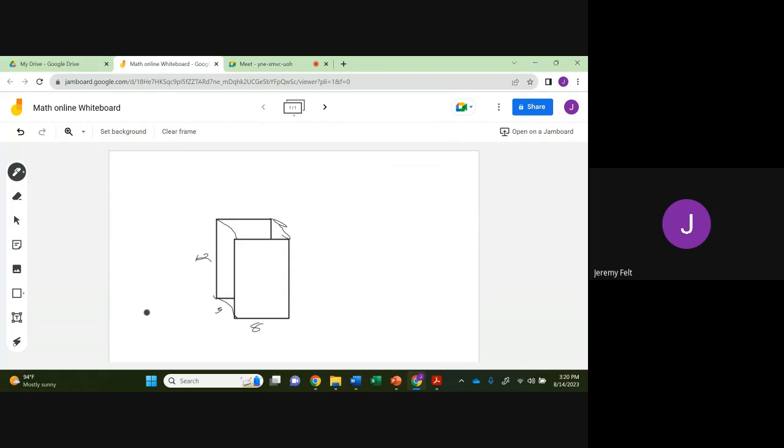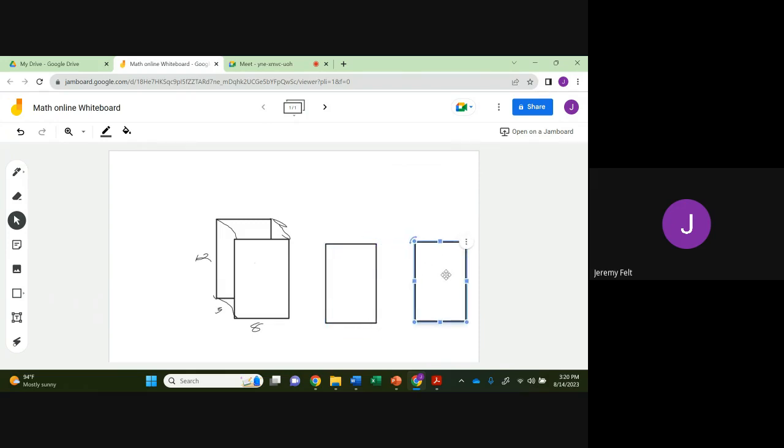Okay, so if we were to think about this two-dimensionally, we'd have six sides. We would have two of these, two of these, top and bottom.